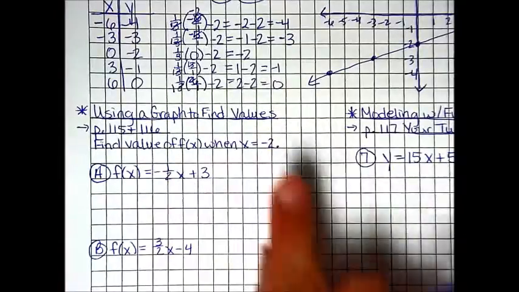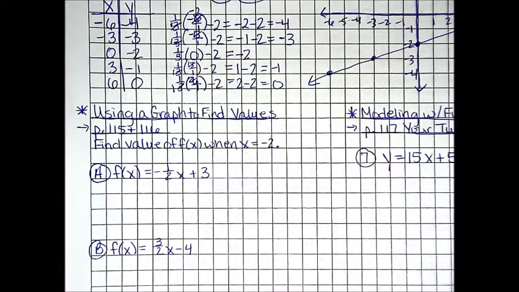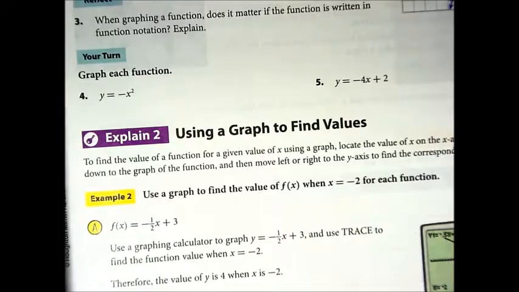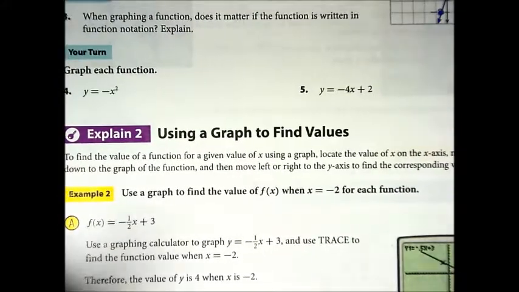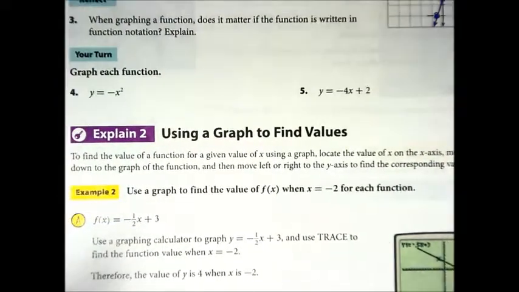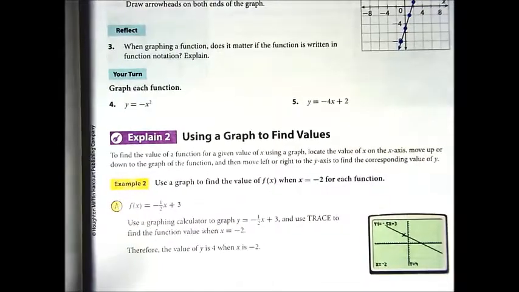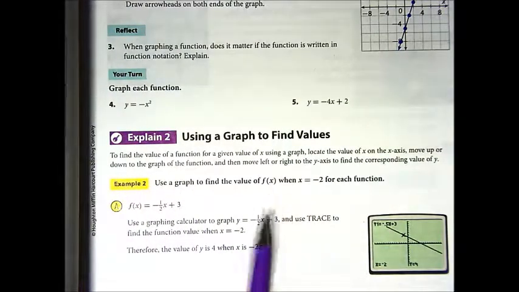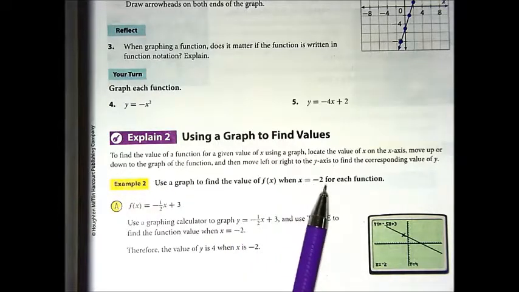And we're going to look at some problems off of page 115 and 116. And here is kind of what I'm saying. They're going to talk about using a graph to find some values. And so if you look at the example in the book, they show it as, oh cool, we graphed this function on our calculator, and then in the calculator we can see on the graph what's the value of the function when x equals -2.